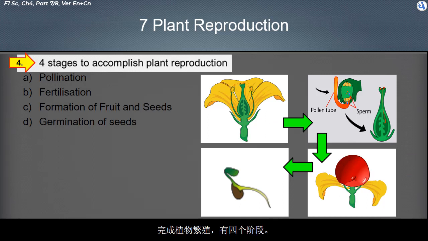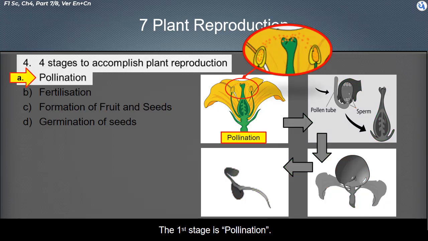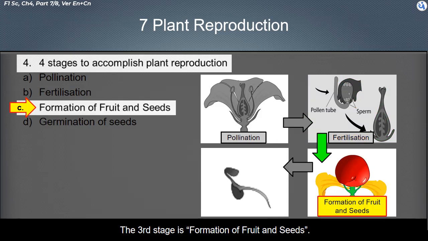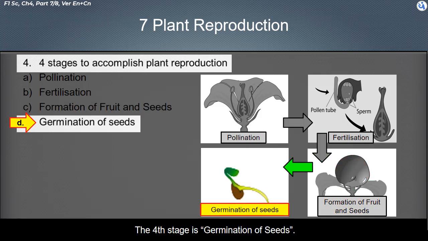The first stage is pollination. The second stage is fertilization. The third stage is formation of fruit and seeds. The fourth stage is germination of seeds.